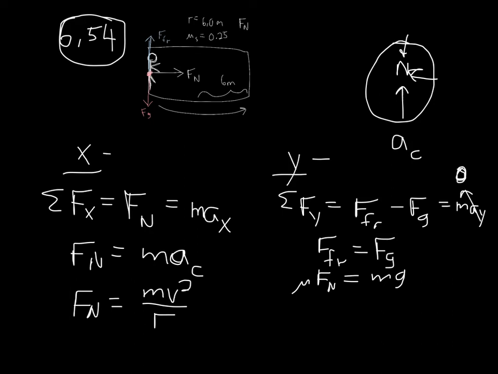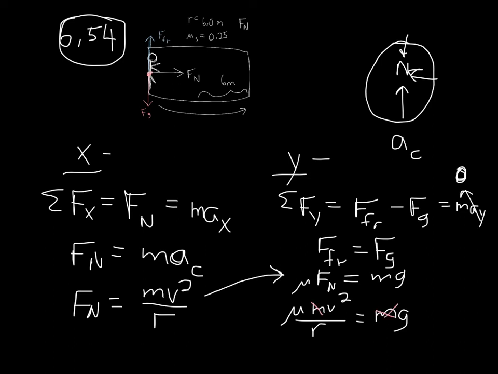Yep, it came from the x direction. So I take that x direction and plug it in. So I get mu times m times v squared divided by r has to be equal to m times g. Is there anything I can get rid of? M is on both sides, isn't it?